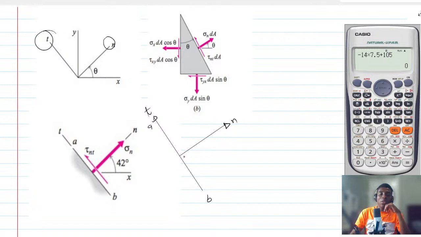So there is going to be a certain shear force along that tangential. But how did we know that this angle here is 42?